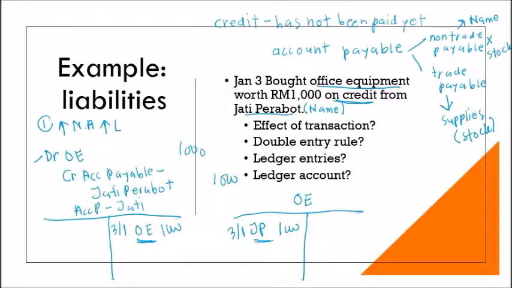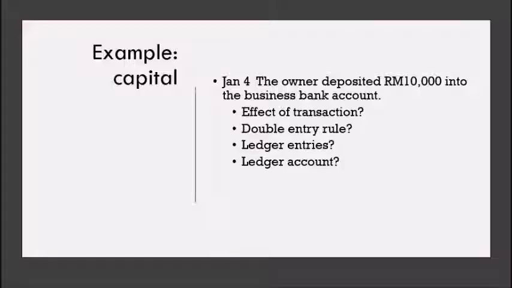So next. Now we go into the owner's equity accounts, starting with capital. Jan 4, the owner deposits 10,000 into the business bank account.